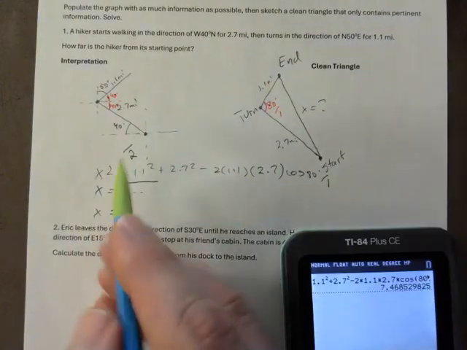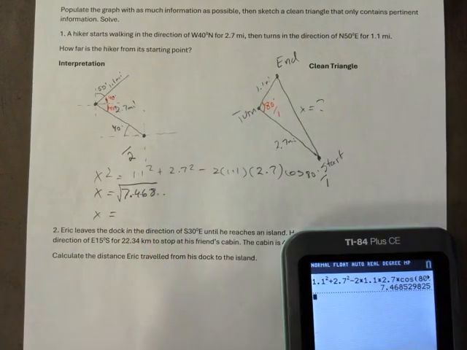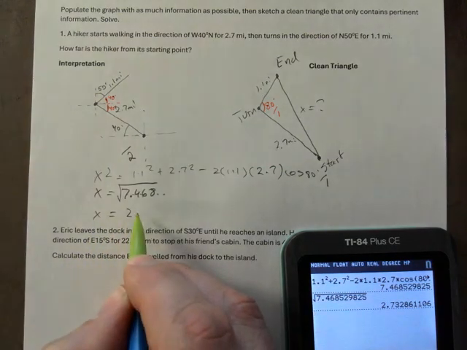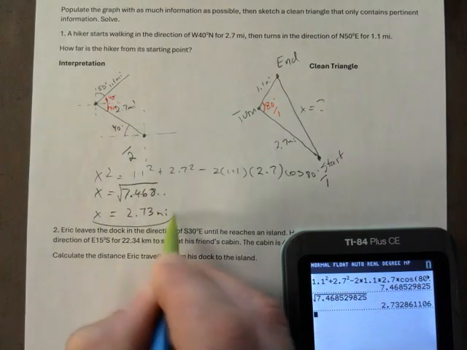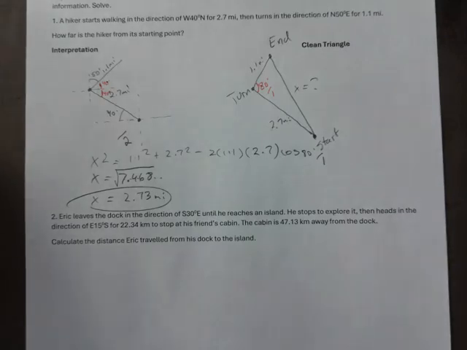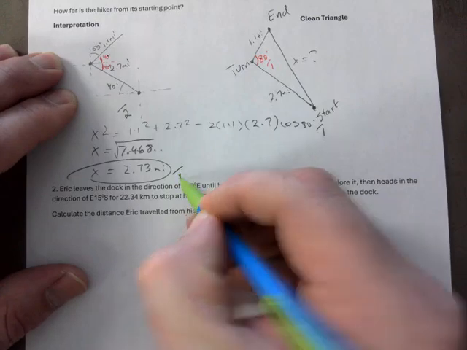So this is 7.468 something, and then I take the root of that. 2.73. Thank you. This is miles. So 1 mark for the work, 1 mark for correct answer.